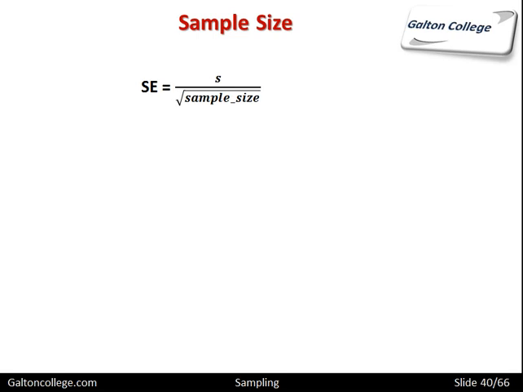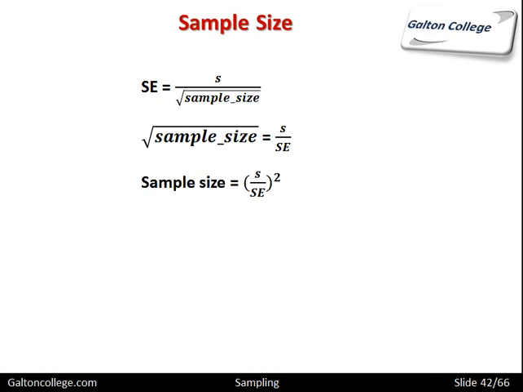That's our formula: the standard error is equal to the standard deviation of the sample divided by the square root of the sample size. Well, if we just manipulate this, we multiply across by the square root of the sample size and divide by the standard error, we'd get that, and if we squared it, we get the sample size.